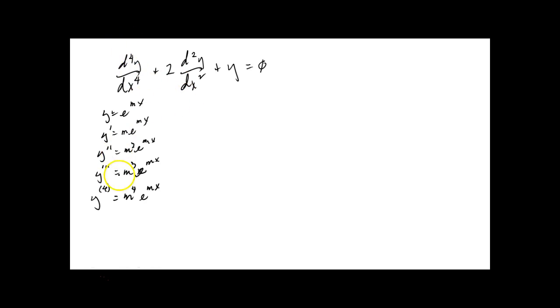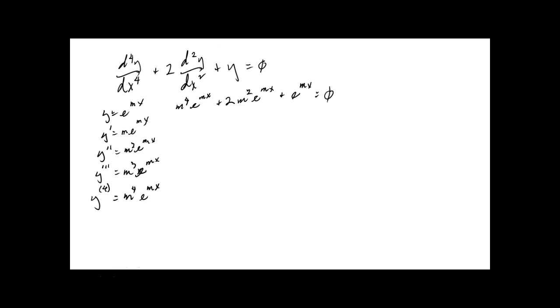Okay, so this would be m fourth e to the mx, that's y fourth prime, plus 2 times the double prime, m squared e to the mx, and then your y is just plus e to the mx equals 0.